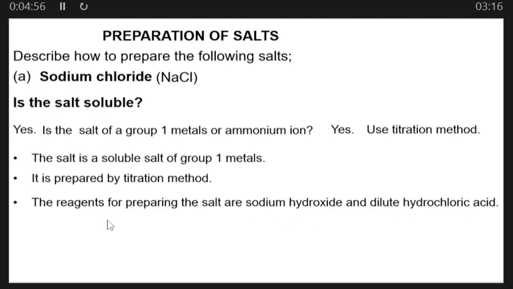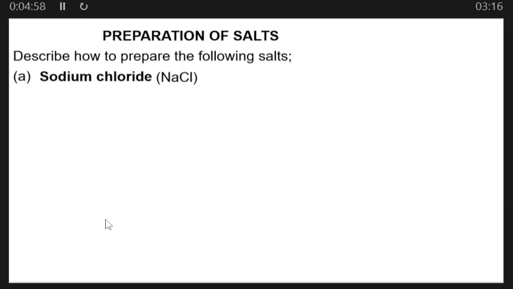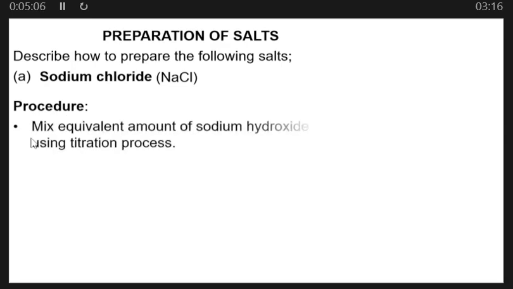All right, so now let's look at the procedure for how to prepare this salt. Step number 1: mix equivalent amounts of sodium hydroxide and hydrochloric acid using the titration process.